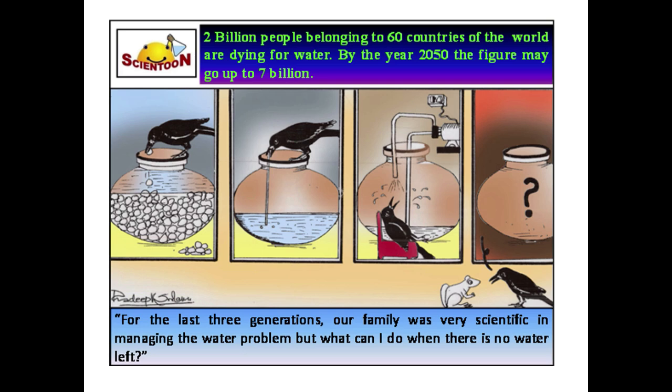Means in the last 3 generations, this is the story of the crow who is very thirsty, and to remove his thirst, that crow found water, but the water was very far down in the vessel, so he used to throw stones, a number of stones, into that beaker so that the water is lifted and he can take the water.